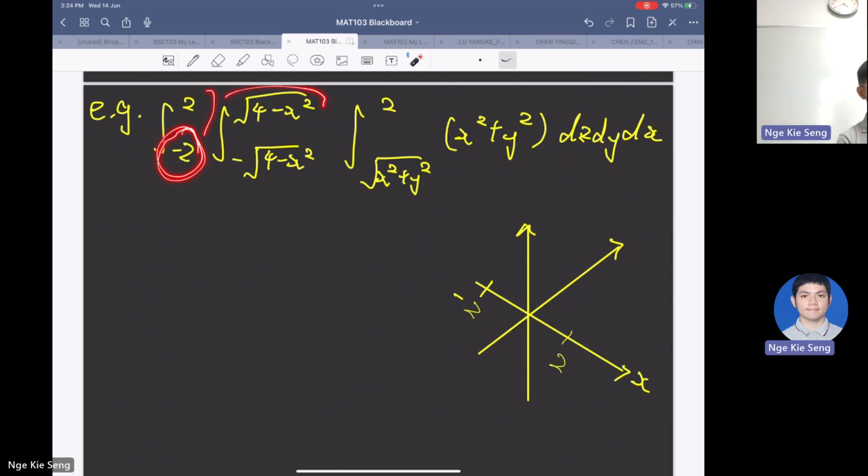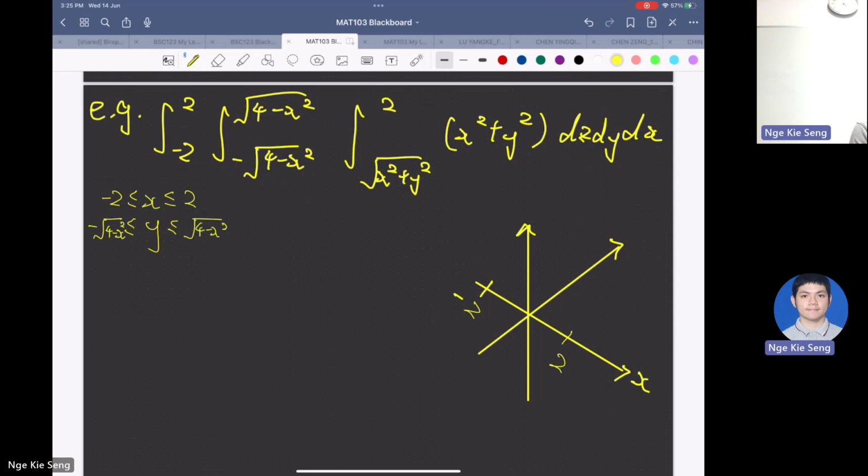At -2, what are the endpoints of y? Okay, so let's write down this domain. x is going from -2 to 2. y is going from negative square root of 4 minus x squared to square root of 4 minus x squared. z is going from square root of x squared plus y squared to 2.